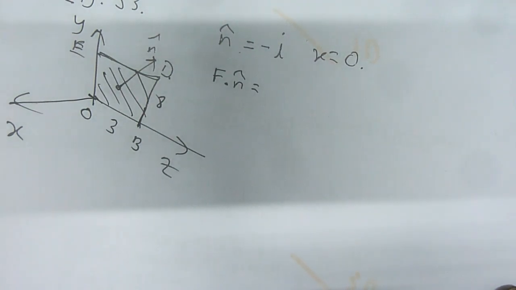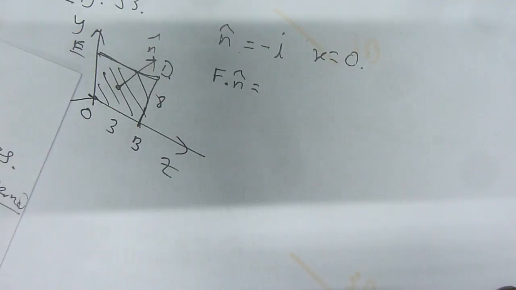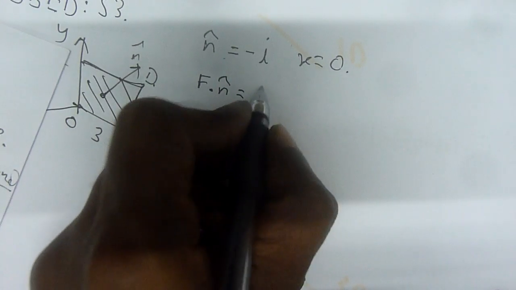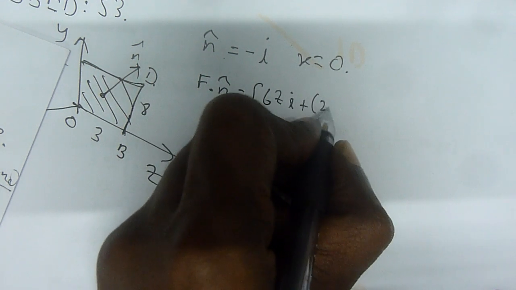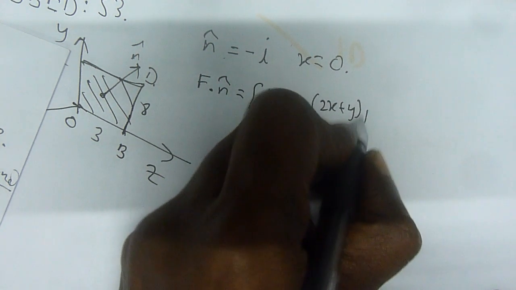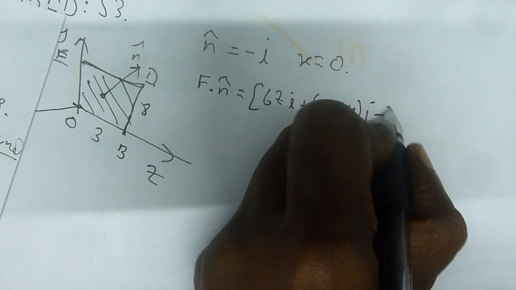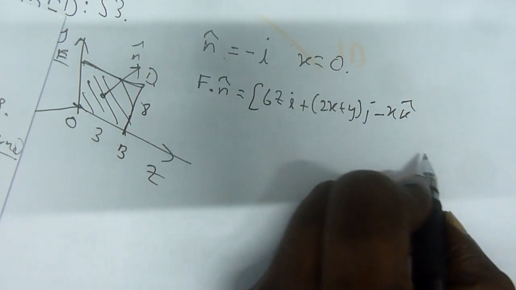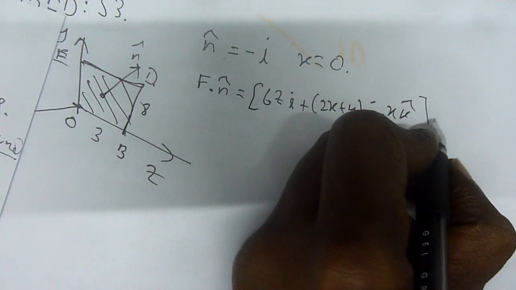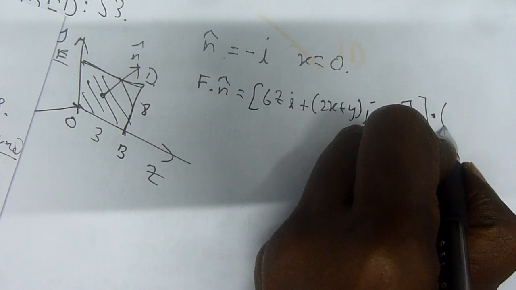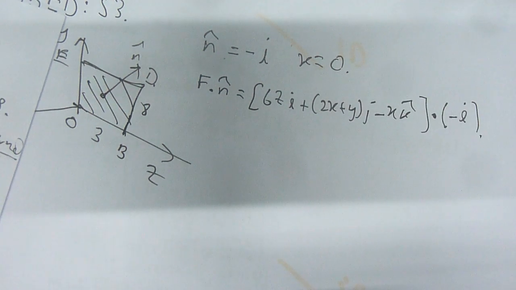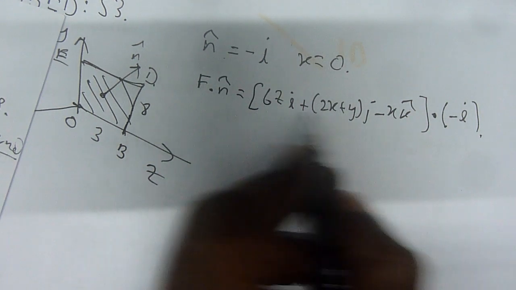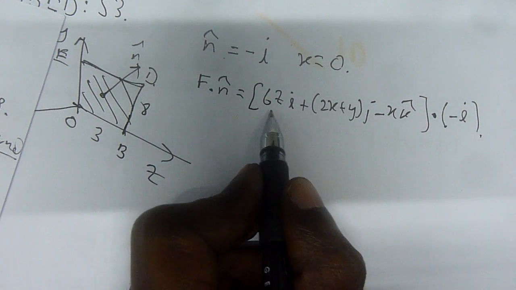Can I combine now F and n? You need to write this whole thing again. I'm not going to repeat after this. F is 2x i plus y j minus x k. Close the whole thing, dot product with negative i. If it is a negative i, when you combine, just concentrate on the i alone.